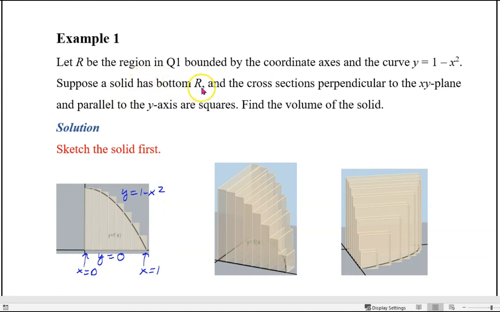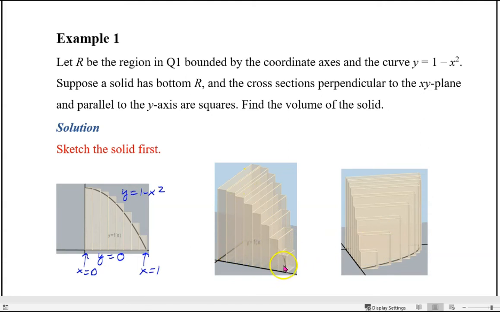Suppose a solid has this as its base and the cross sections perpendicular to the xy plane and parallel to the y-axis are squares. In other words, if I turn it sideways, I can see that these are all square shapes. And so it's rising off of the plane as a bunch of squares coming up.